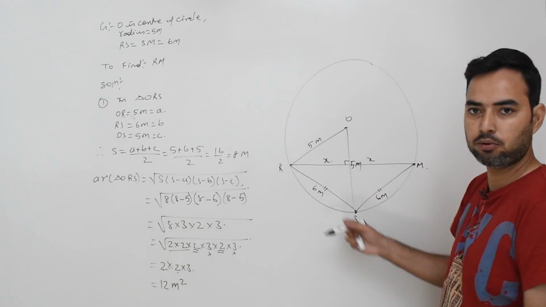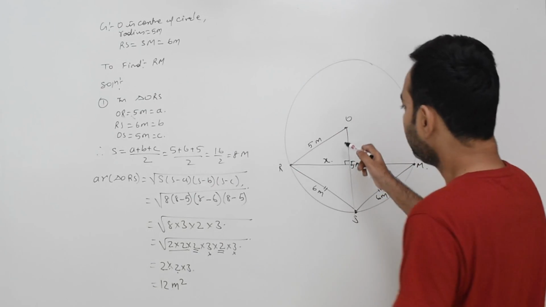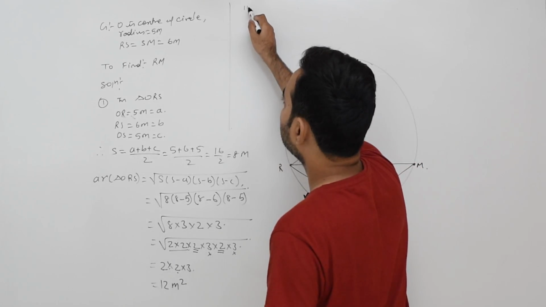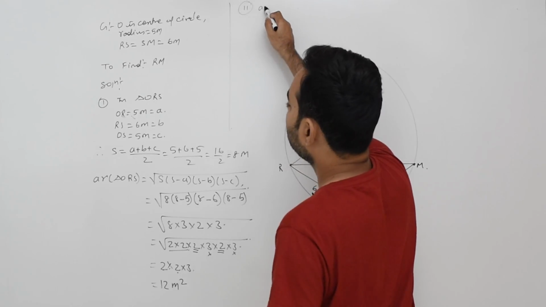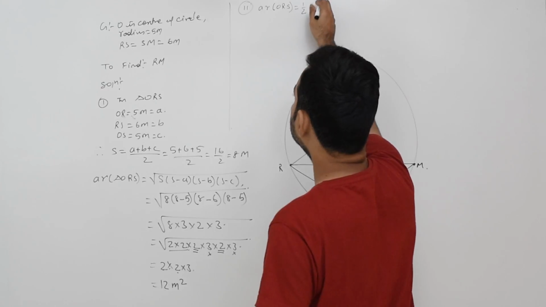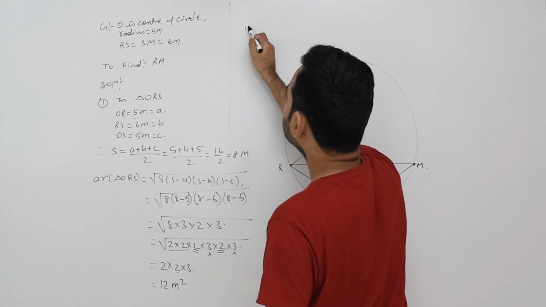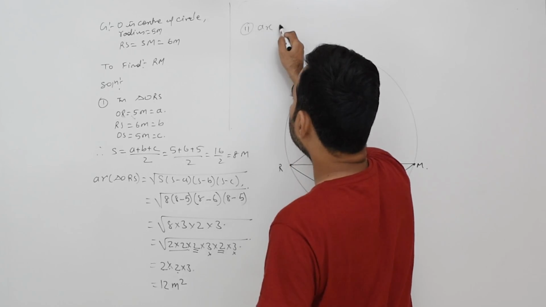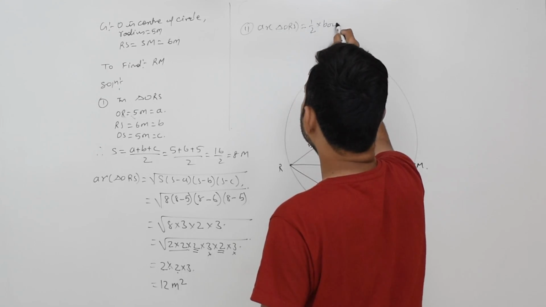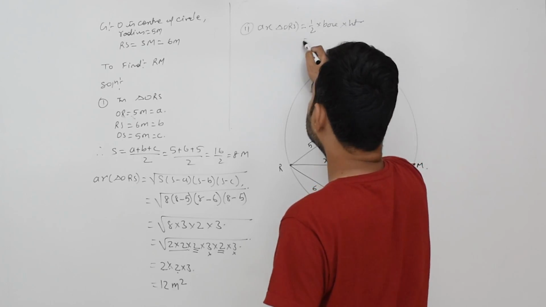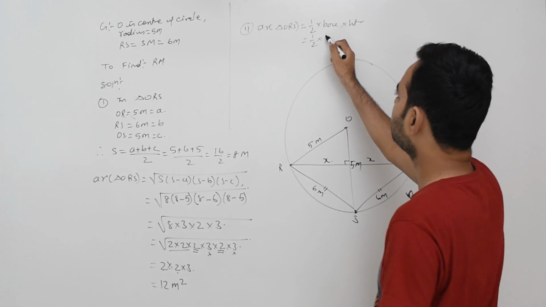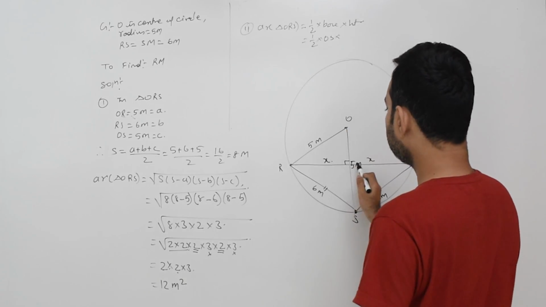After getting this area ORS, we will use the area of a triangle as half into base into height. The area of the same triangle ORS is nothing but half into base into height. So half into, for ORS, if base is OS, then height will be this x.